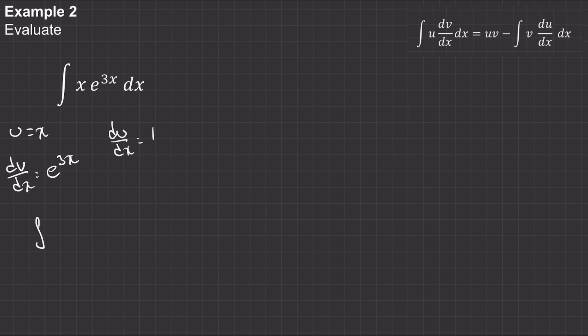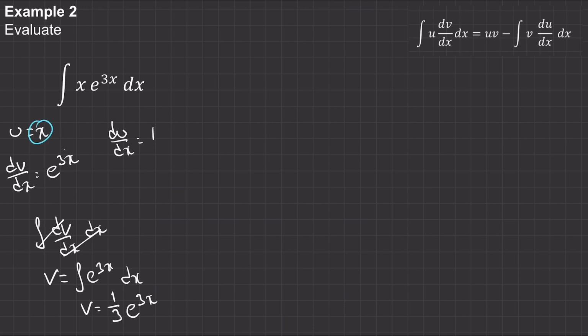If we take the integral of dv by dx with respect to x, these will cancel, and we're left with v. So v will be equal to the integral of e to the 3x with respect to x. And this is, using the reverse chain rule, 1/3 e to the 3x. Okay? So I'm just going to put a little circle around these 4 terms, just so I don't forget.